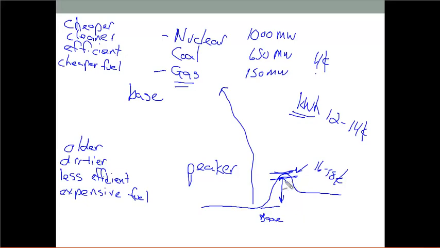And so, if you can shave off some of these peaks, if there was a way that you could send information to your customers and say, hey, Mr. Customer, I'd really appreciate it if you would not run your AC quite so much in the afternoon, because that's going to prevent me from having to build a new power plant, or it's going to prevent me from having to start up this old dirty plant to supply that power for you to run that AC that afternoon. So, there's an opportunity right there.